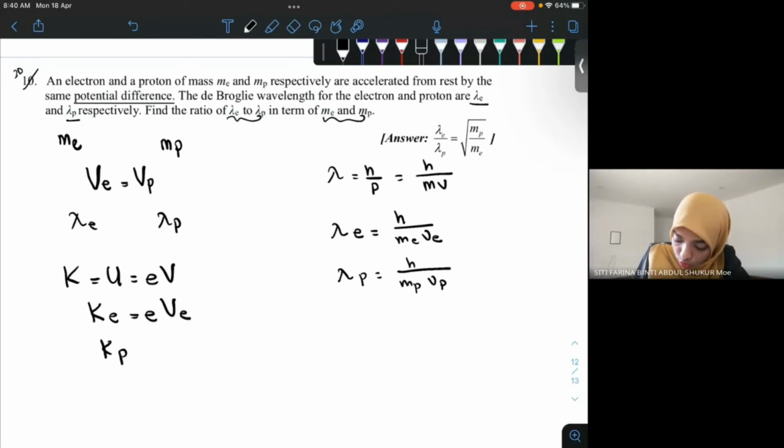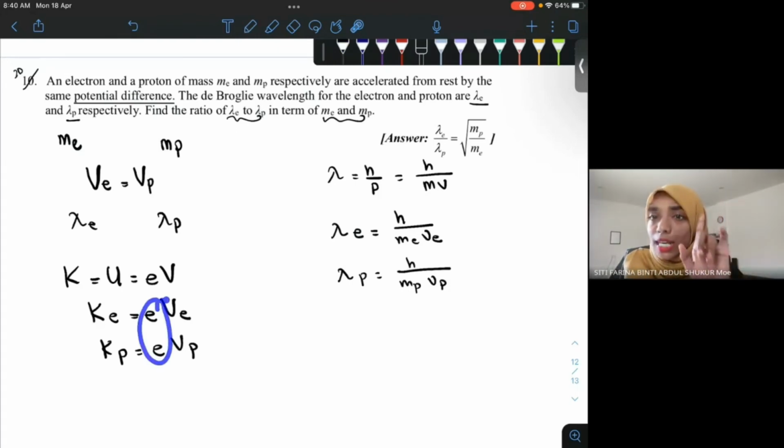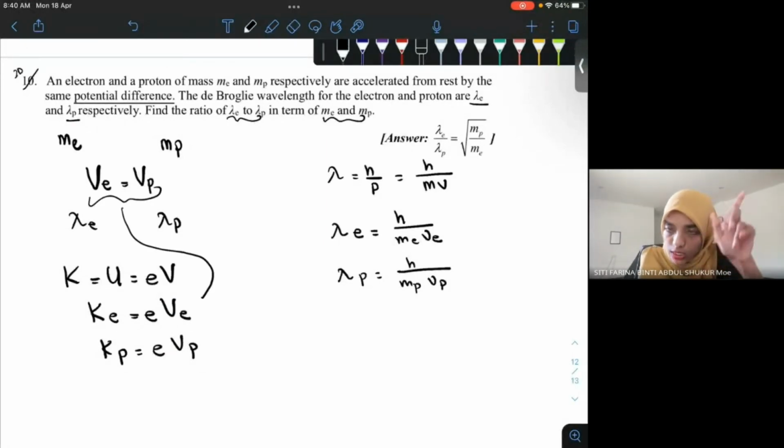Kinetic energy of proton akan sama dengan eVp. Okay, charge of electron dan proton sama sahaja. Lain sifat sahaja. Charge mereka sama 1.6 exponent negative 19. Okay, also given in the question that they have the same potential dekat sini. Therefore, kita boleh buat conclusion kinetic energy of electron sama dengan kinetic energy of proton.